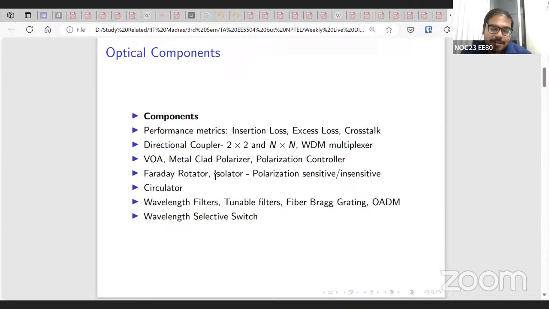So we just talked about the construction of the isolator and circulator, how they are made using these non-reciprocal devices. And then we went on to discuss fiber Bragg gratings, wavelength filters, and how they can be used to make optical add-drop multiplexers. And we finished our discussion about components with the wavelength selective switch.